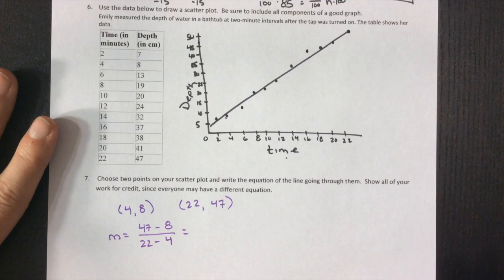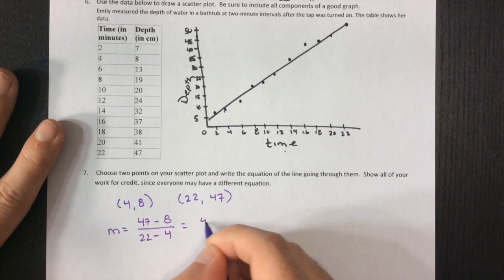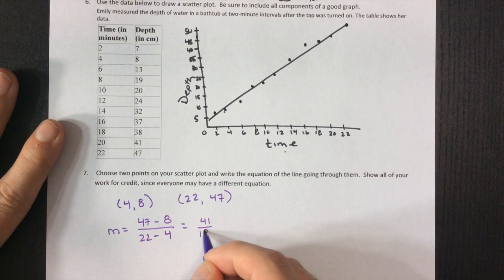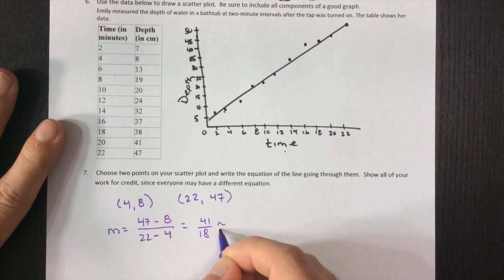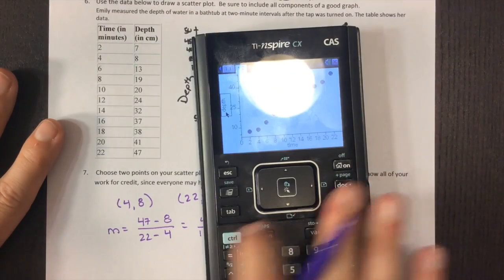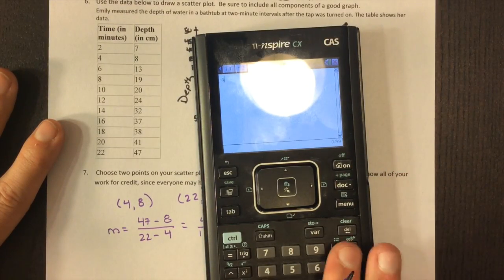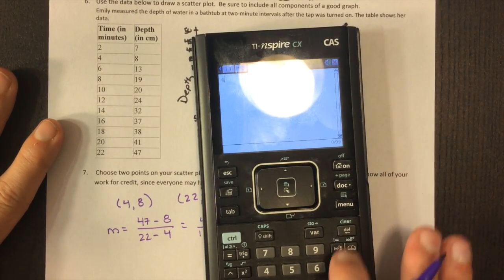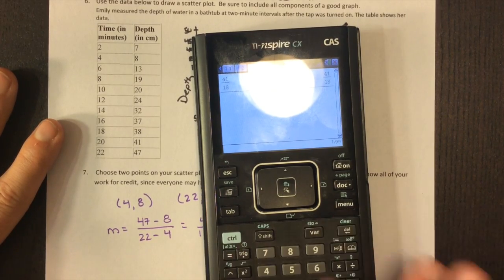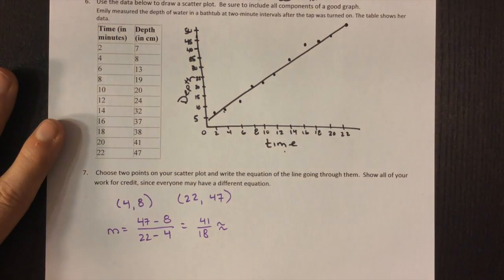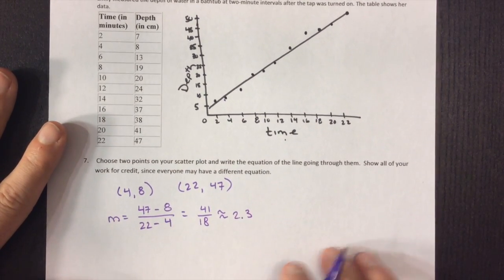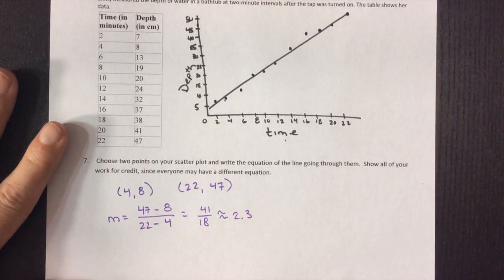You can have picked a completely different one. So you get 41 over 18, which is approximately, let's just try that out, 41 divided by 18 is about 2.3. I'm just going to leave it like that. But you can kind of guess to see if your slope is similar.